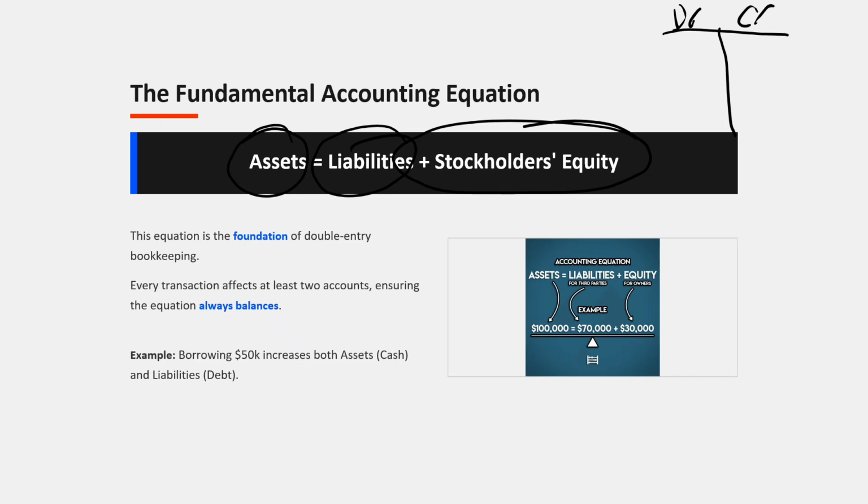So we can give an example here. Let's say we have a company whose assets equal 100K, and we have 70K in liabilities, and our equity, the remainder, is 30K. Let's say we purchased a car and we got a loan for that. We bought an asset worth $50,000. Our assets increased by 50,000, so they became 150.